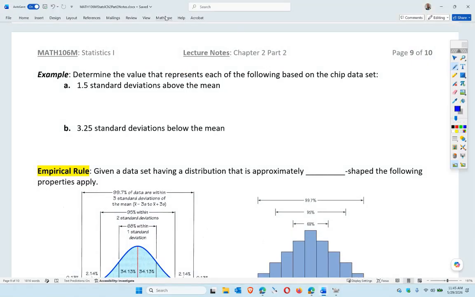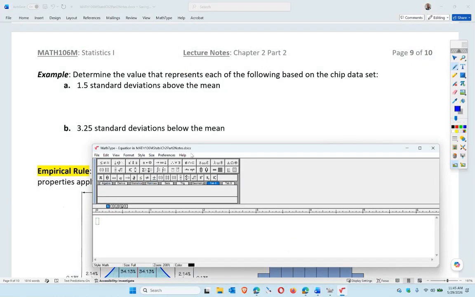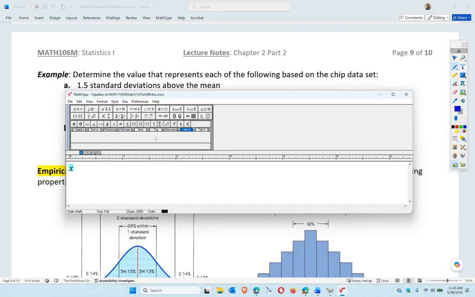Okay, so what did we do? We did x bar plus 1.5 times the sample standard deviation, because it's not every single cookie in the whole world that we did.